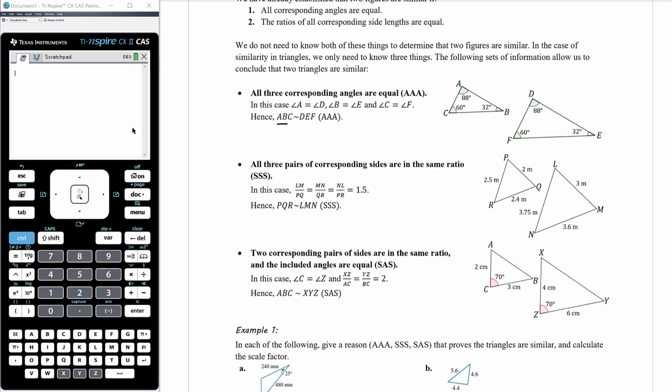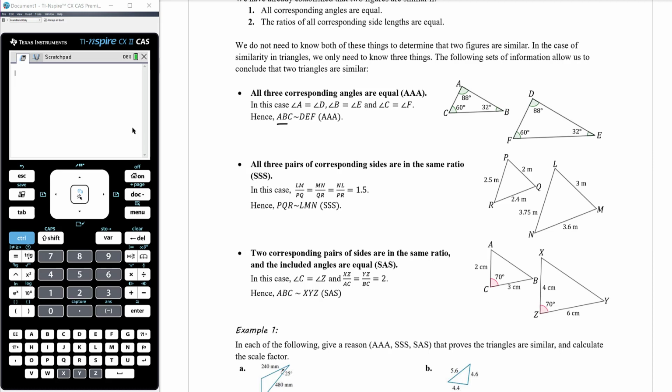In this case, if we divide all the corresponding sides, they all give 1.5, so that's telling us that the scale factor here is 1.5, and also that the two triangles are similar. So here we would say PQR is similar to LMN, again making sure we've got that order correct, and we know it's similar because of SSS, side, side, side. We have 3 sides that are in the same proportion.